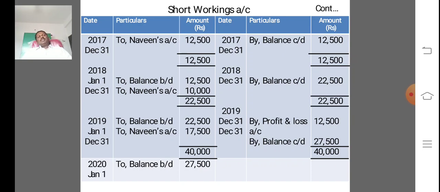And that balance is brought down to January 1, 2019. To balance brought down 22,500, to Naveen's account 17,500. The total debit side is 40,000.